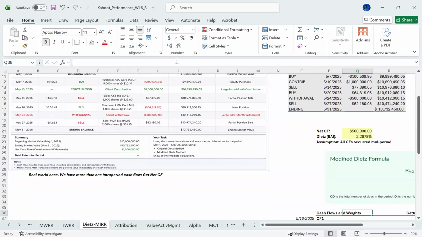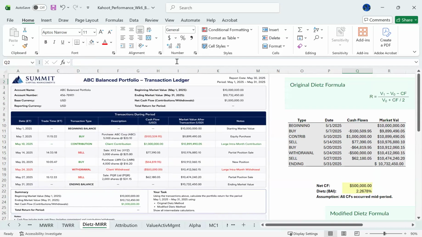That's the original Dietz method, but there is a flaw or criticism here, which is that, okay, what if this 1 million or the entire net cash flow occurred on May 2nd? Then it's not in the beginning, it's only a single day after.